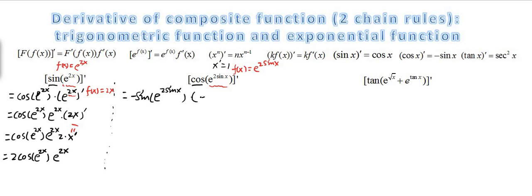And do the derivative for e to the power 2 sine x. Okay, and for the second term, we can tell that it is a composite exponential function, and we know the little f(x) is 2 sine x. So we have f(x) equals 2 sine x.